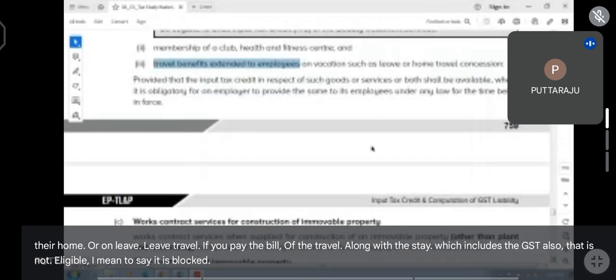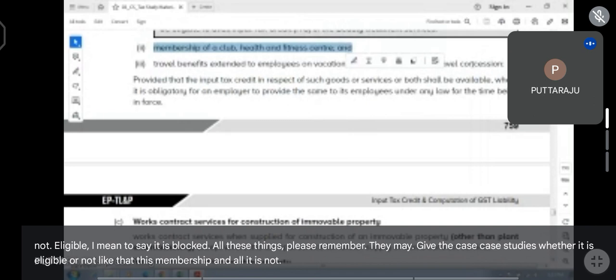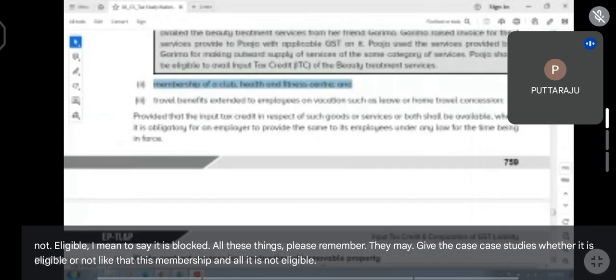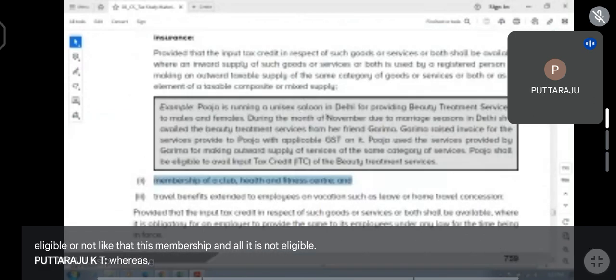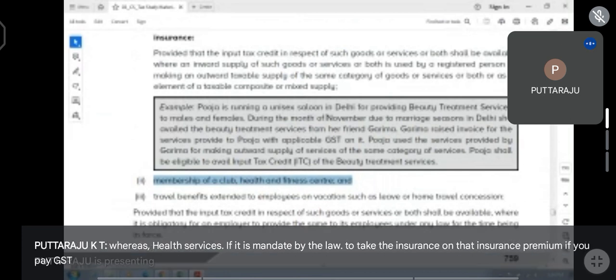All these things, please remember, they may give case studies asking whether it is eligible or not. This membership and all, it is not eligible. Whereas health services, if it is mandated by the law to take the insurance, on that insurance premium if you pay GST, that GST is eligible.